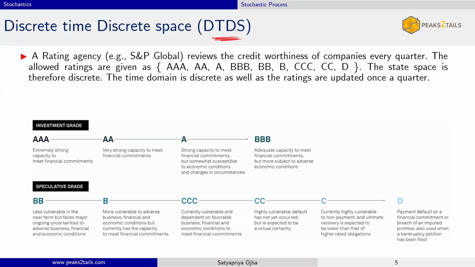So we know there are rating agencies, right? There is S&P Global, there is Moody's, there is Fitch. All of them rate listed companies in a scale of discrete set of ratings, right? So if you look at S&P Global, there is AAA, AA, A, triple B, and so on. This is the default category. So eventually, all companies need to be rated with one of these categories, correct?